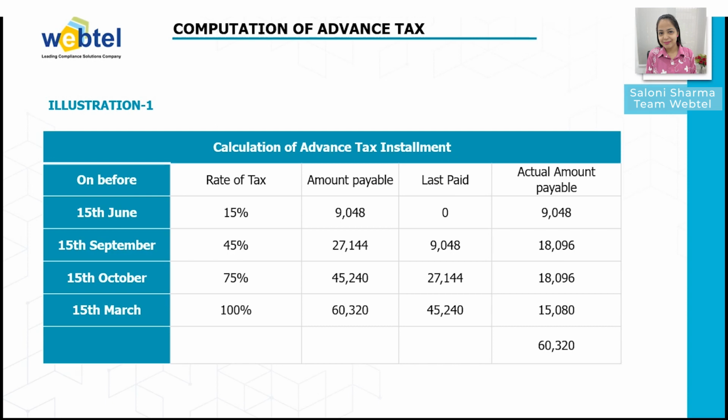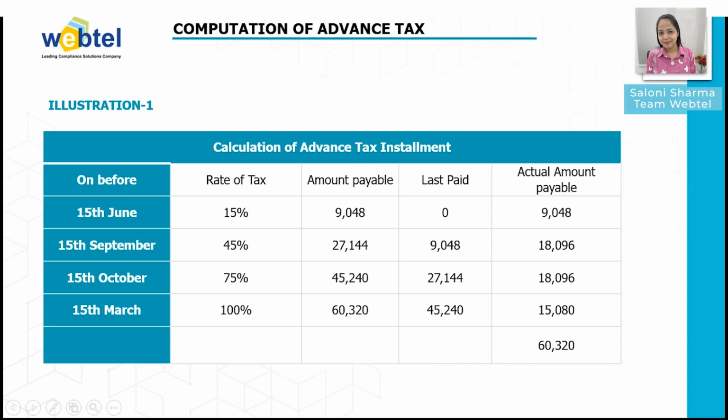But as for the amounts paid by the assessee, he has not paid any installment up to 15th June. He has paid an installment of 9,048 rupees up to 15th September. And the third installment paid by him is of 27,144 rupees. And the last installment, which has been paid on the 15th of March, is 45,240 rupees. So the actual amount payable would be calculated like this.